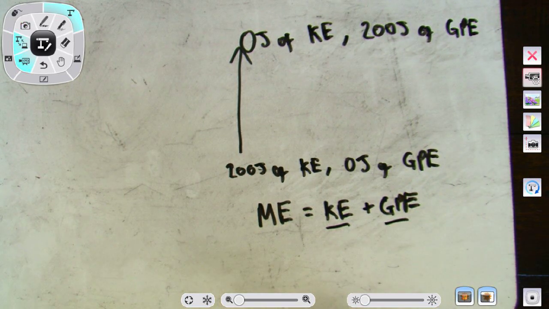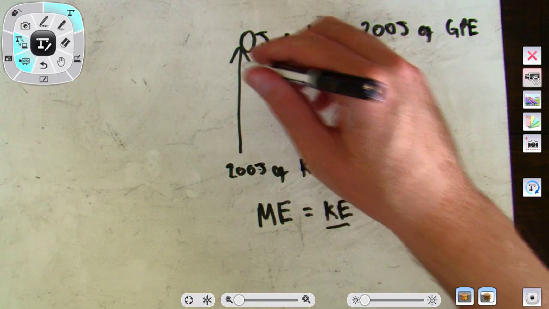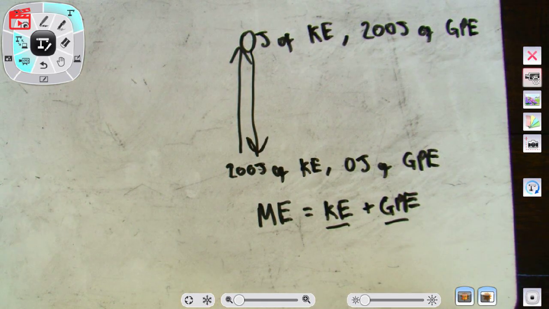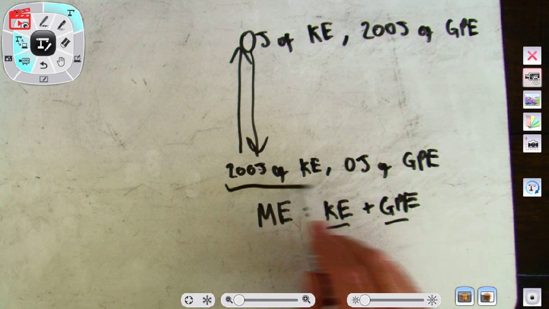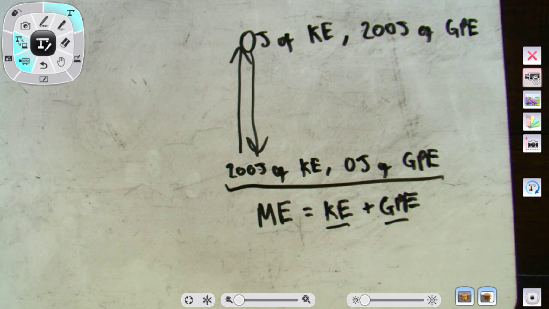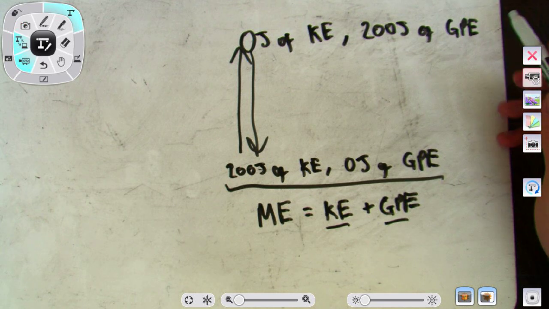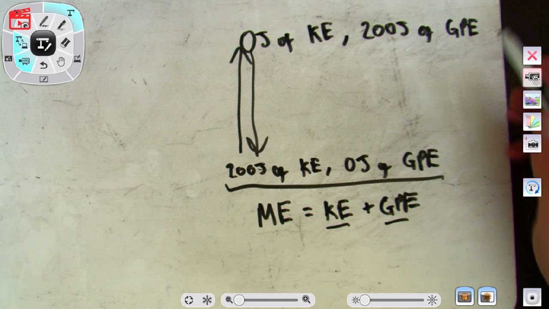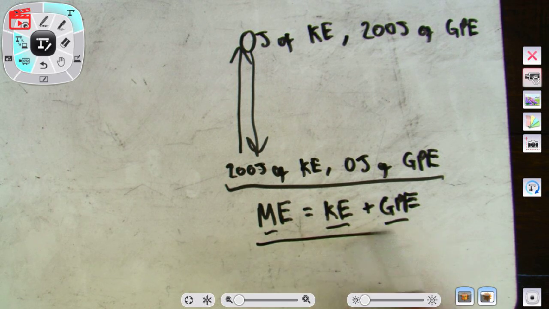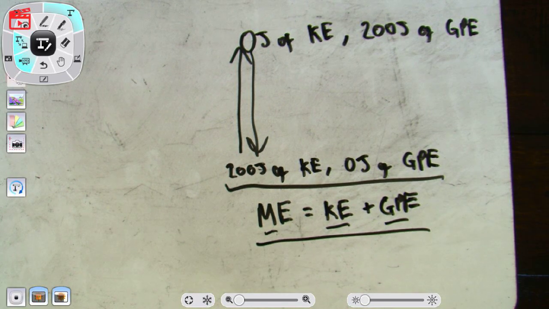And then it asks you for the kinetic energy as it hits the ground. So as we go back down, guess what? It turns back into this. So the answer will be 200 joules of kinetic energy when it hits the ground. It converts all into GPE, and then it converts all back into kinetic energy. Using this idea, all right, the answer choice is 1, 200 joules.